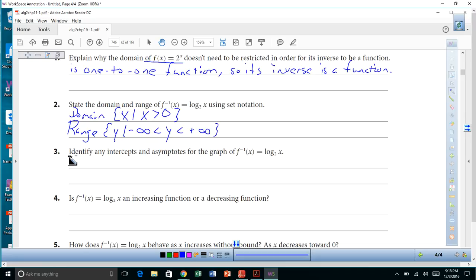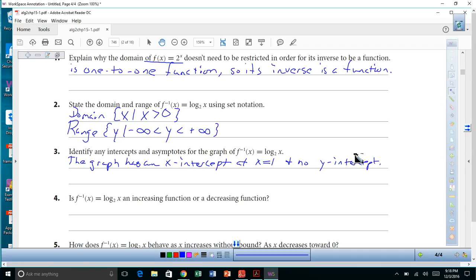So let's see here. The graph has an x-intercept at x equals 1 and no y-intercept.